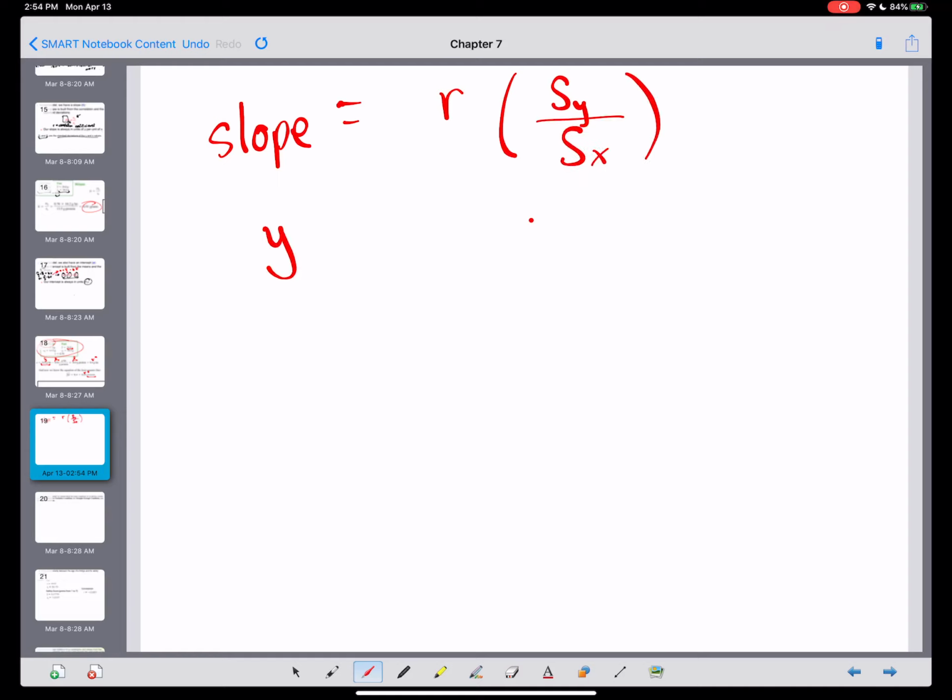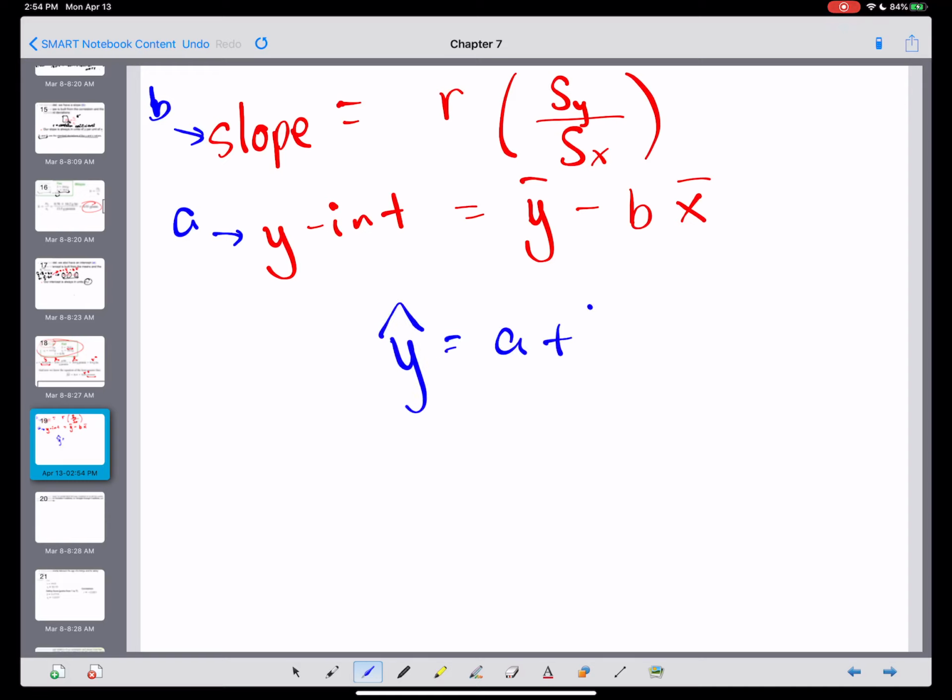And then your y-intercept is equal to your y average minus the slope, so you need the slope, times x average. So that's denoted as b, and that's your a. To get a formula where its y predictor is equal to a plus b of x. Okay, all of these will lead you to this formula down here.